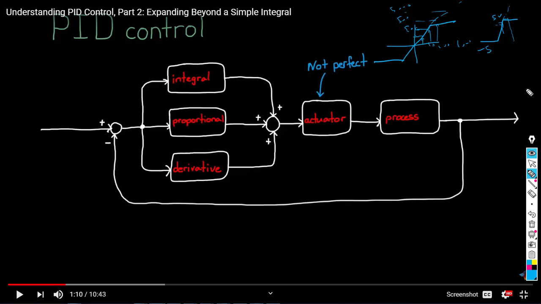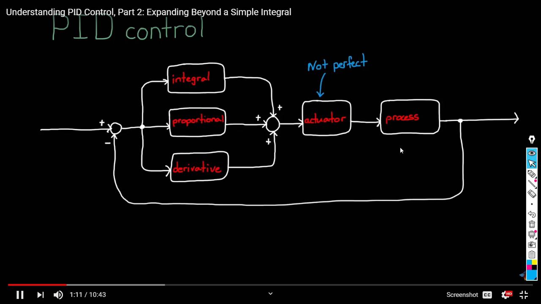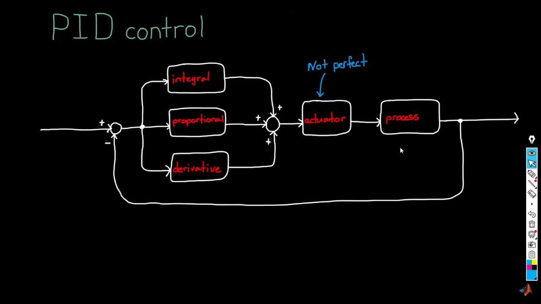It will saturate. So your actuator in reality is a non-linear system. There's also backlash and rate constraints and saturation, to name just a few. And these limitations can wreak havoc through an ideal PID controller like the one we described in the last video.